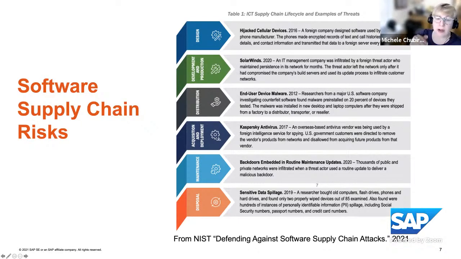And you'll see they've broken it up into the typical software lifecycle of design, development and production, distribution, acquisition and deployment, maintenance, and also disposal. It encompasses also an enterprise idea of the software supply chain as well.